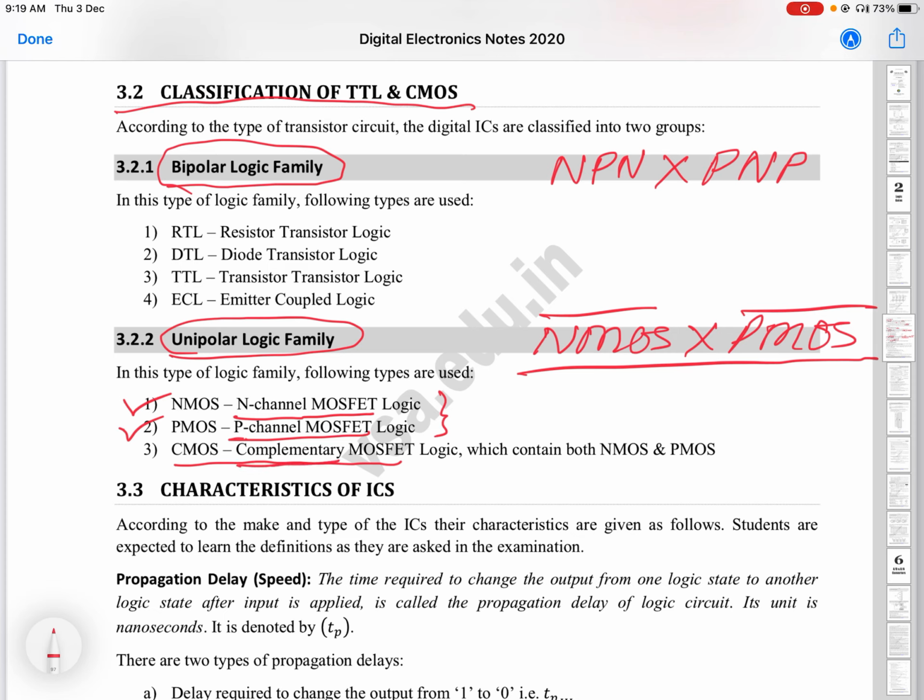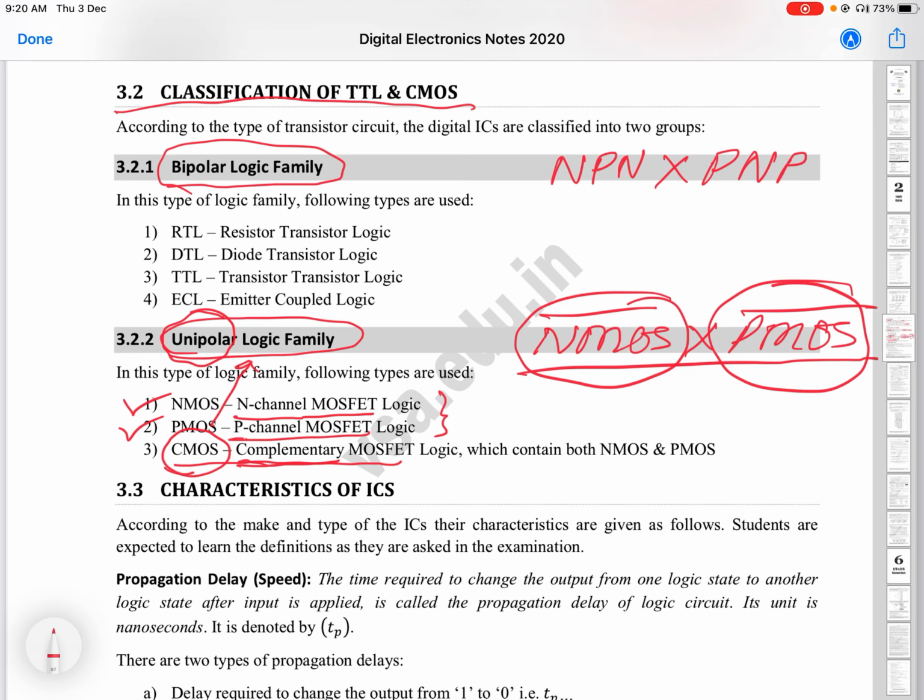Complementary means opposite. So whenever we use NMOS and PMOS type of transistors in a single logic circuit, such a logic circuit is called CMOS logic circuit, and it is called unipolar logic family. Now, why is it called unipolar? Because in NMOS or in PMOS, the current is carried only by one type of charges.